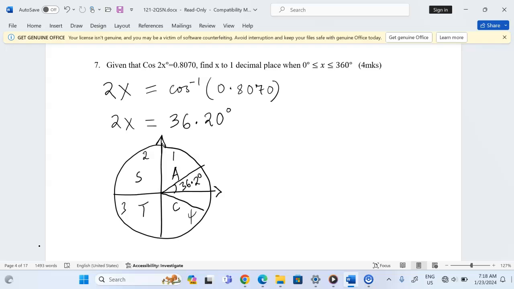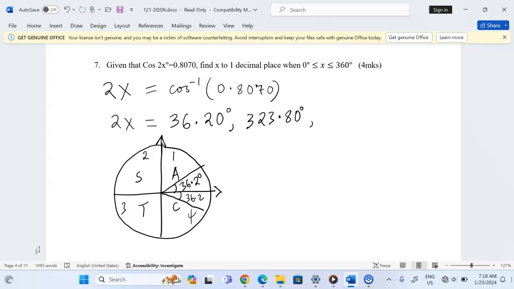Therefore, from the x-axis, we also measure an angle of 36.2. And the value of this angle is going to be, when we take 360 and we subtract 36.2, we get 323.8. So the value of this angle now is 323.80 degrees.